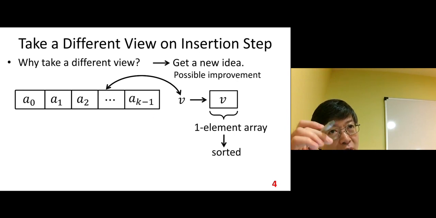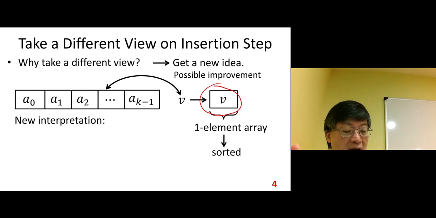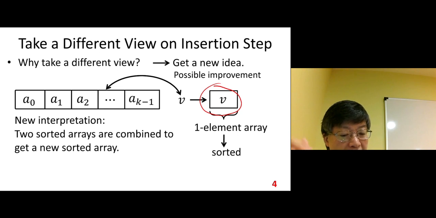We have two ordered arrays, but the problem is that the problem size is quite different. So let's try to get around this difference. Based on this new view, we have a new interpretation: two sorted arrays are combined to get a new sorted array.